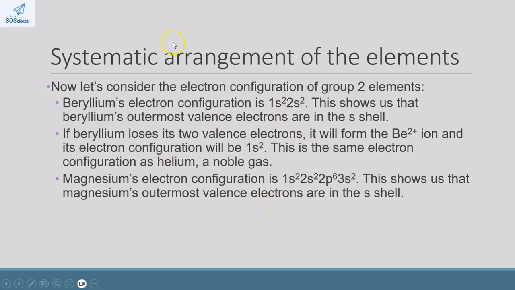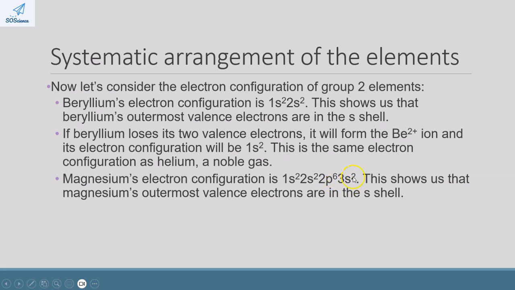Magnesium's electron configuration, well, we can see that the first energy level is full, 1s2, the second energy level is full, 2s2, 2p6, and then in the third energy level, yes, the s shell is full, but the energy level is not full. So there are only 2 electrons in the third energy level of 8.